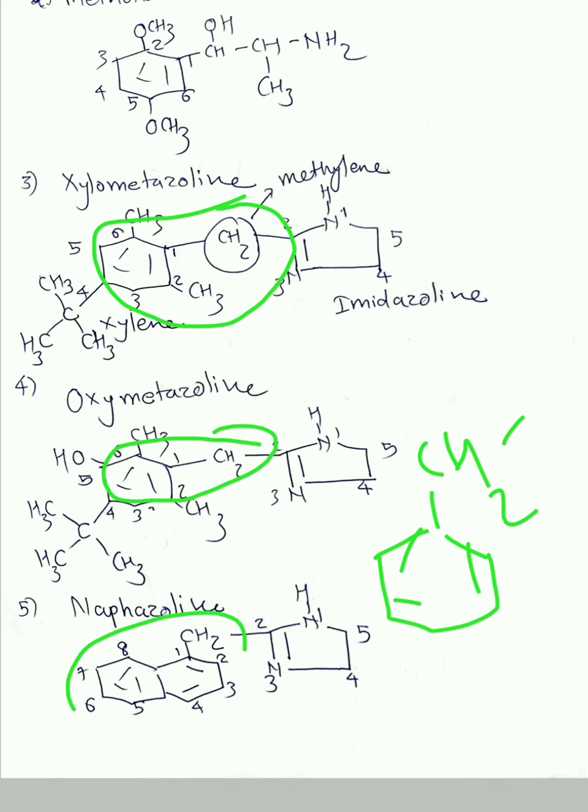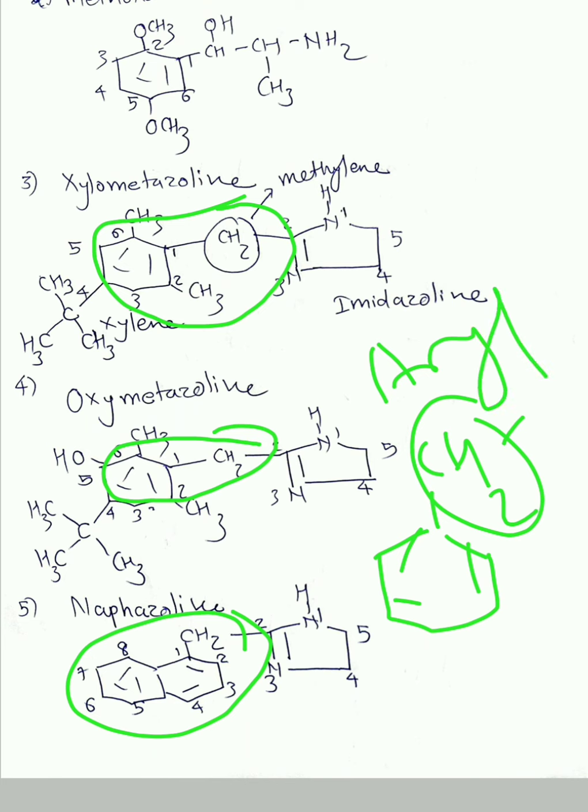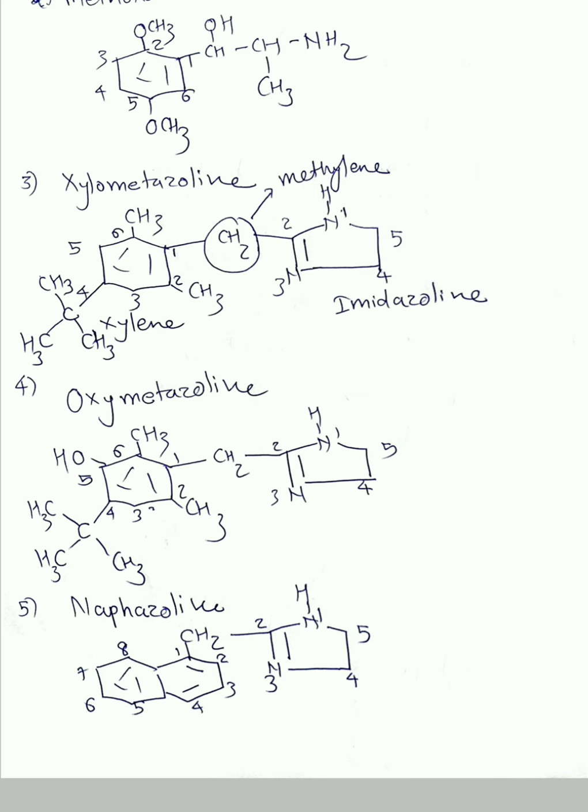Here also aromatic, naphthalene is also an aromatic ring. Okay, so an aromatic ring with CH2 is called aryl. So these zoline series are collectively called aryl imidazoline because they have aryl in their structure and they have imidazoline in their structure.